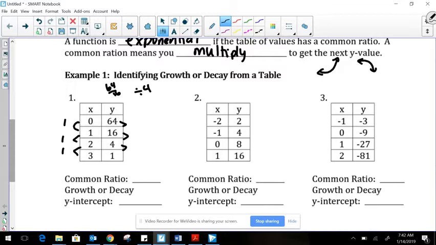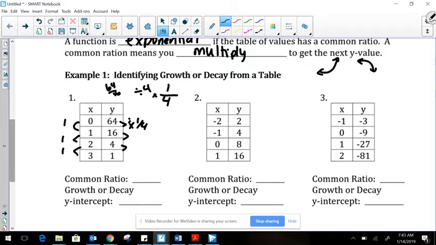I'm not going to write dividing by 4 because I always want to write it as multiplying by something. So if I'm dividing by 4, think of, okay, that's the same as multiplying by 1/4. So I'm timesing by 1/4. Again, let me write this in the middle, sorry. So times by 1/4.